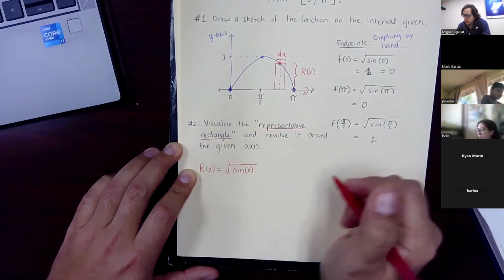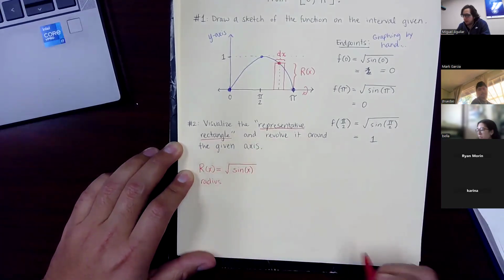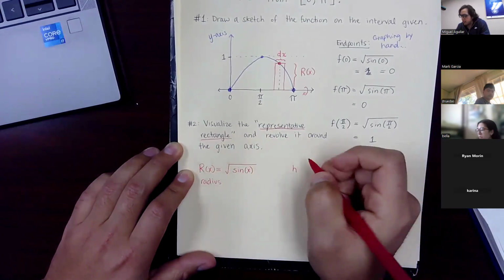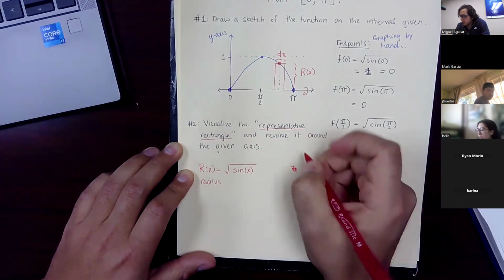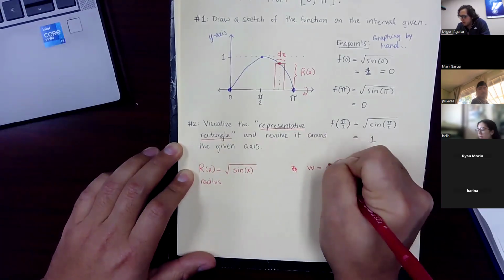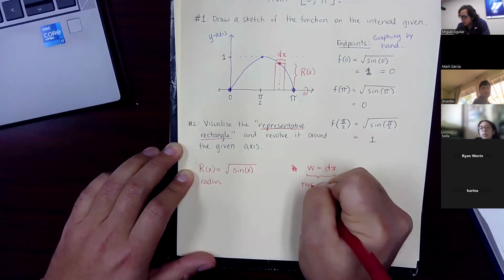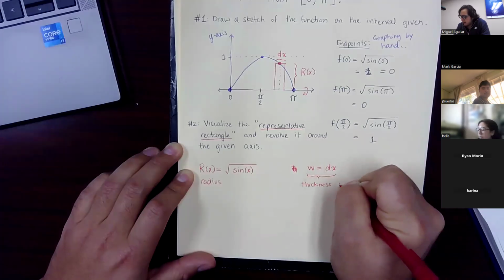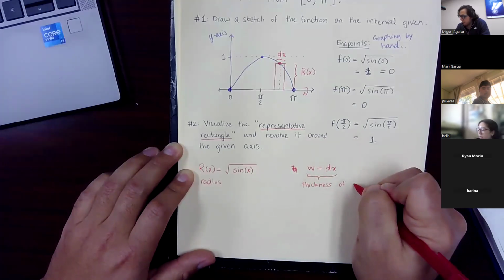That's going to be the radius. And then the thickness, w, is equal to our dx, and that's the thickness of what are going to be these disks that we're building.